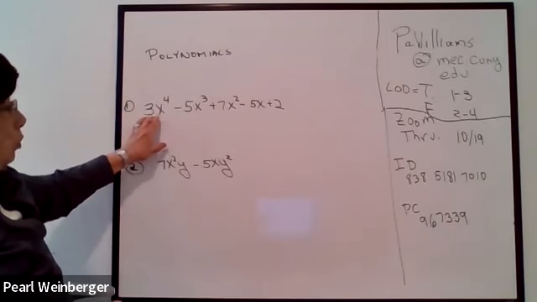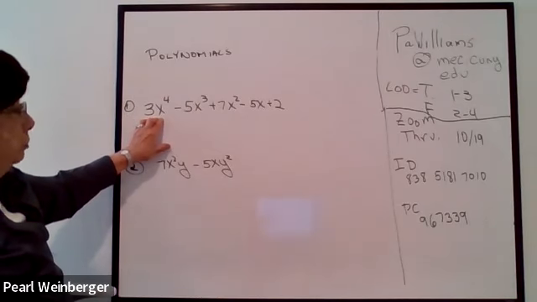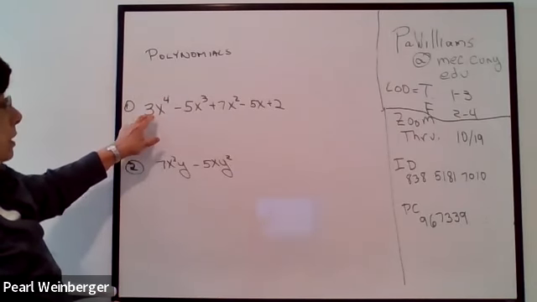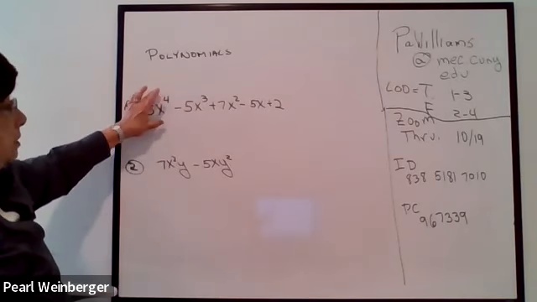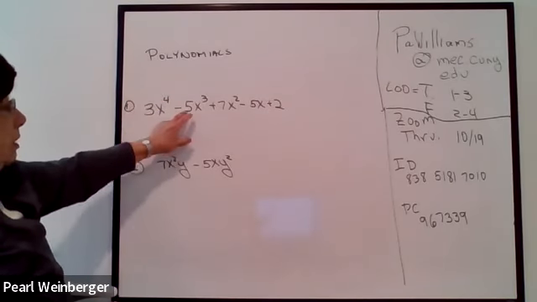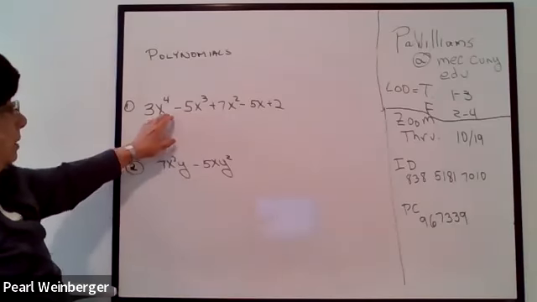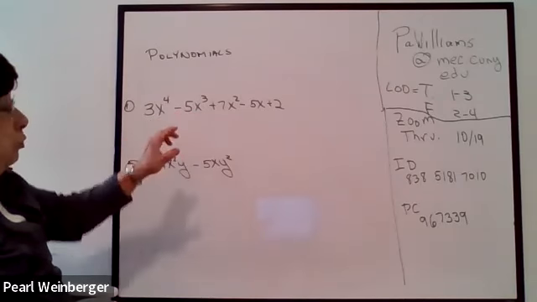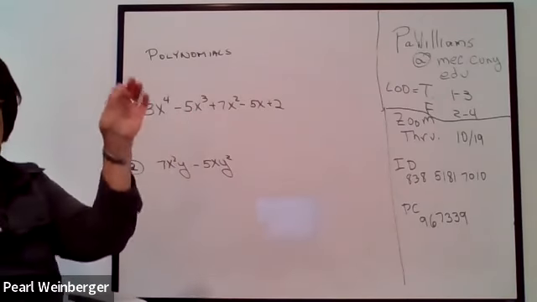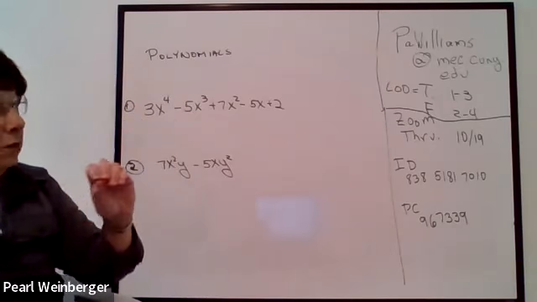For example, one term of this top polynomial is 3x to the 4th, because everything here is connected by multiplication. The minus 5x cubed, that's a different term because it's separated. Anytime you have more than one term, they're going to be separated either by a plus or a minus.